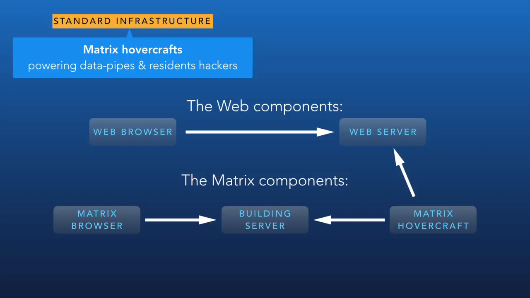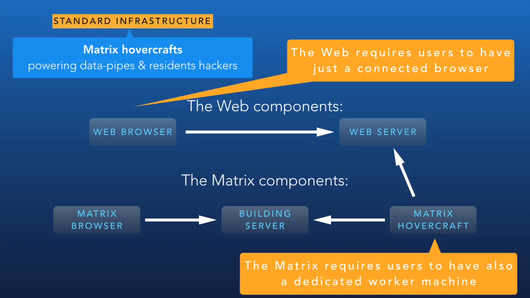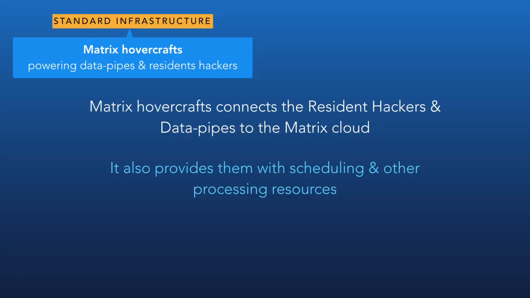So one difference is that while in the web, users needed just a web browser to access the web, in the matrix, they also need the matrix hovercraft to do the processing for them. So the matrix hovercraft connect the resident hackers and the data pipes to the matrix cloud. And it also provides them with scheduling and other processing resources.